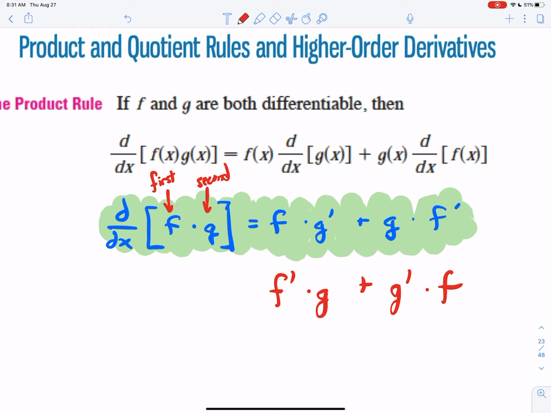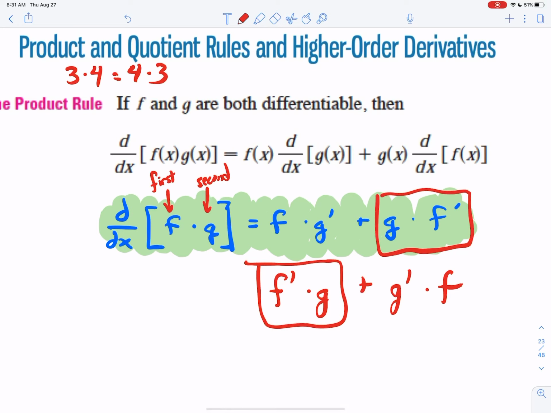Now, if you understand how operations work, multiplication is commutative, meaning the order doesn't matter. 3 times 4 is the same thing as 4 times 3, right? So this right here is really this right here, okay?